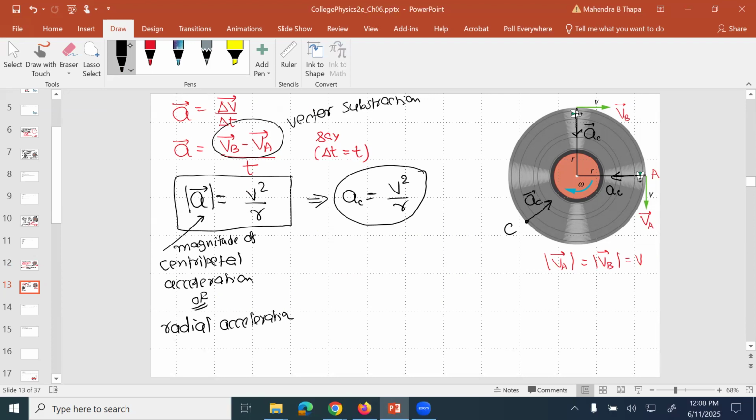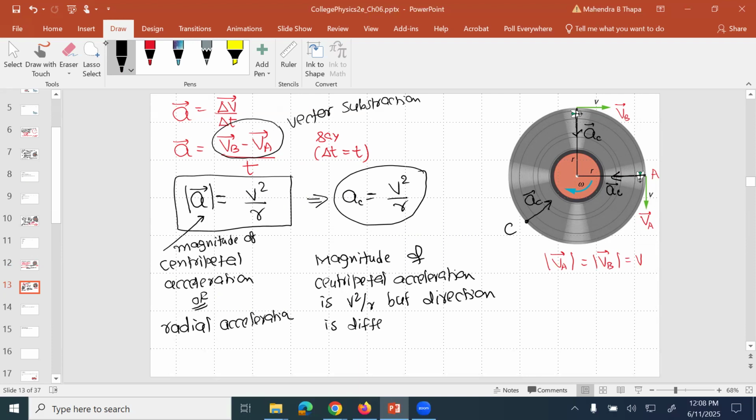Right? So clearly, for all these points, the magnitude of centripetal acceleration is v squared over r, but the direction is different.